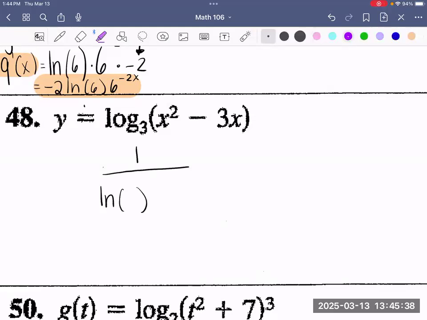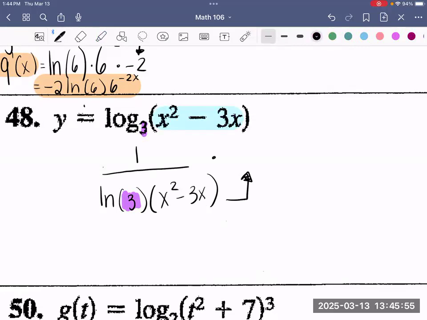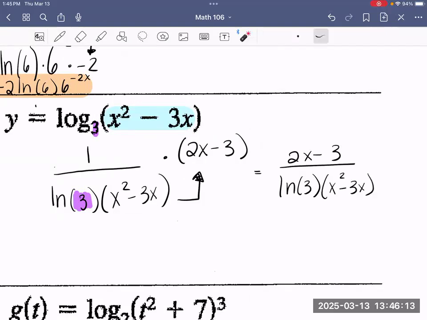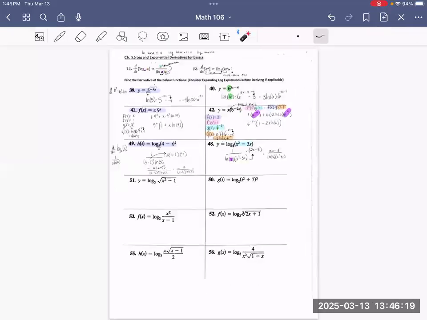Our base is 3, times itself, x squared minus 3x. And now chain rule it. Let's go ahead and derive x squared minus 3x. Well, that would be 2x minus 3, and we can put it all together over here. 2x minus 3 all over ln of 3 times x squared minus 3x. Now, I'm not sure if your answer key has simplified a little bit more with these two x values here. If they've taken it out, I'm going to take a sneak peek. 48.